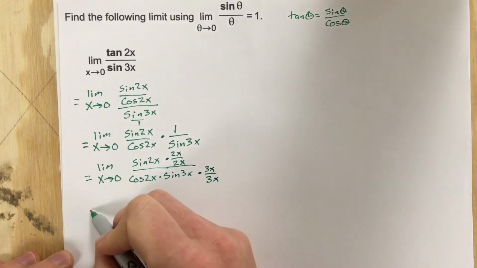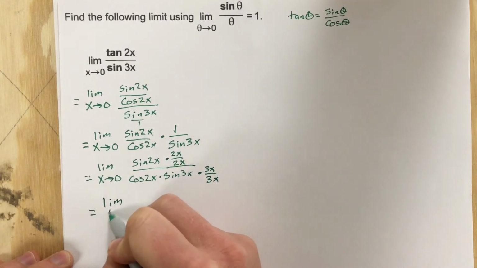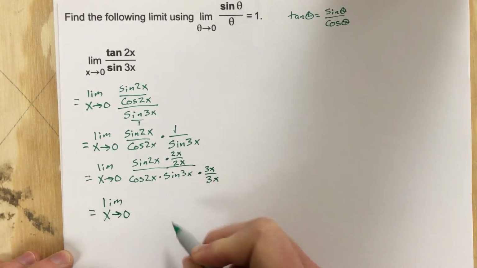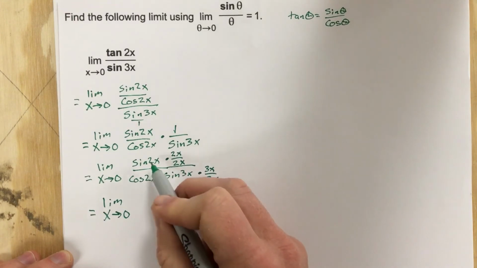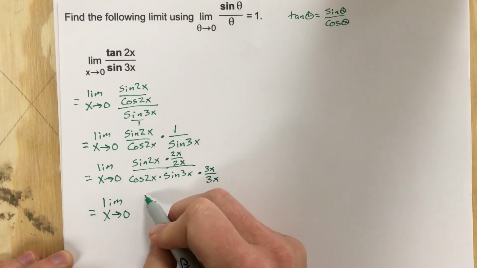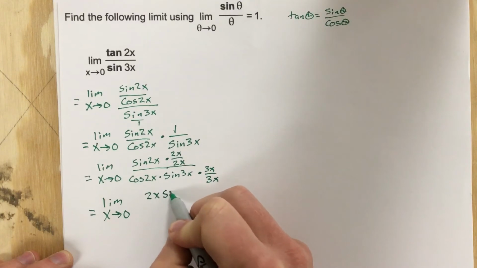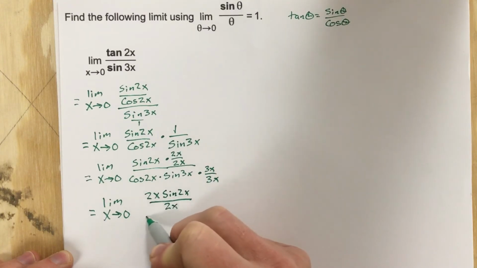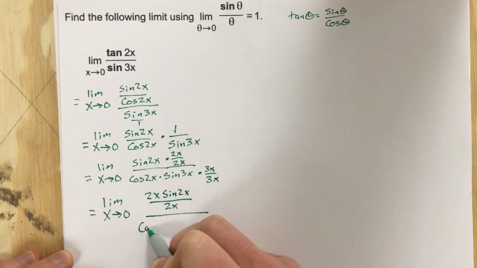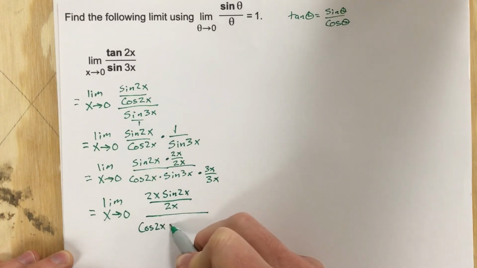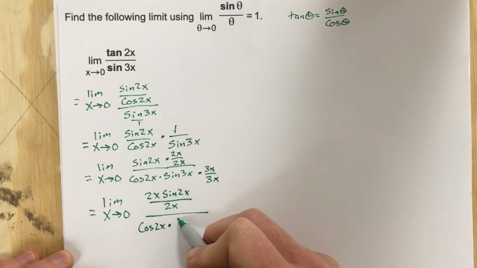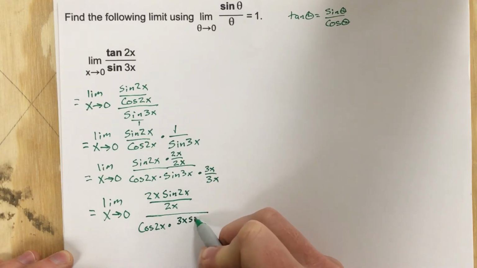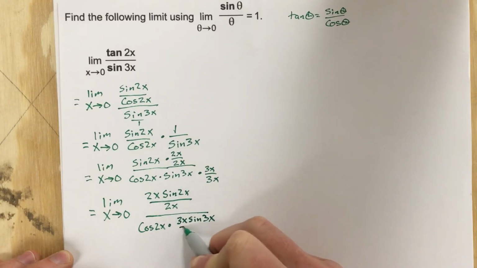If I rearrange this, then I get the limit as x approaches 0 of 2x sine 2x all over 2x, and on the bottom, cosine of 2x times 3x sine 3x all over 3x.